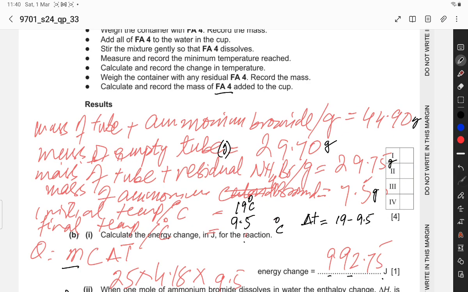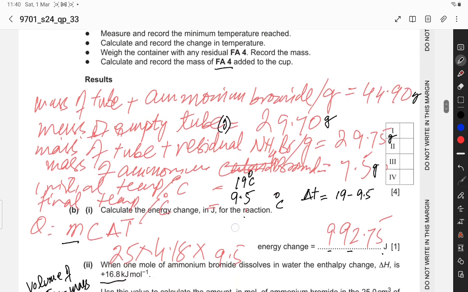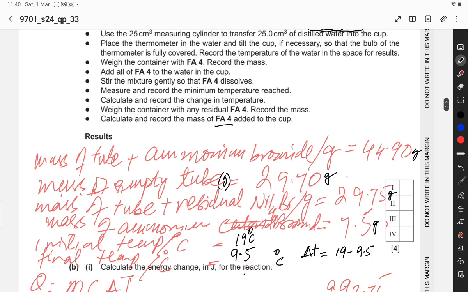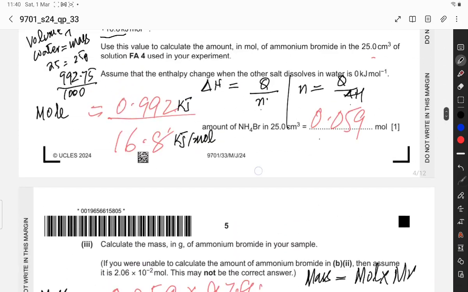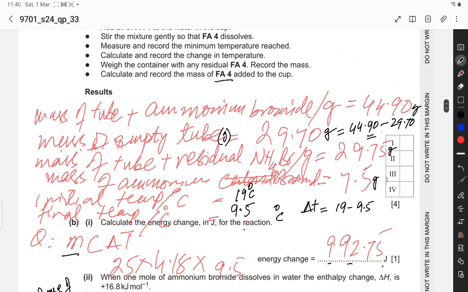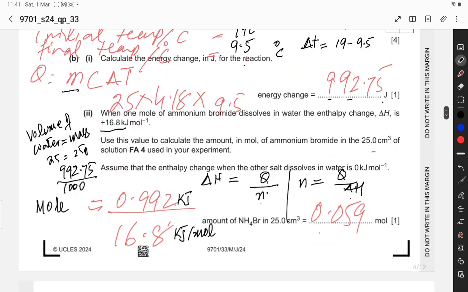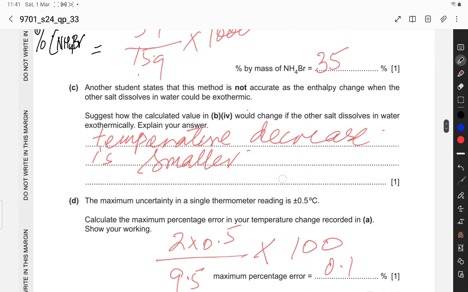So the original mass of ammonium bromide we are calculating from here. The actual mass is 44.90 minus 29.70, which is equal to 15.9. This is the ammonium bromide mass that we were actually taking.